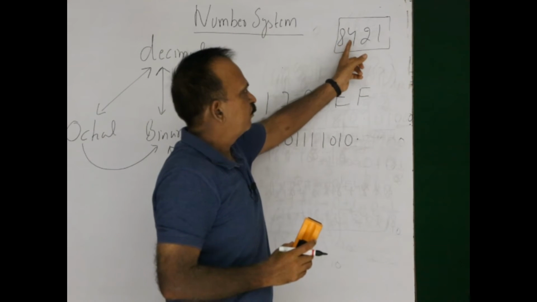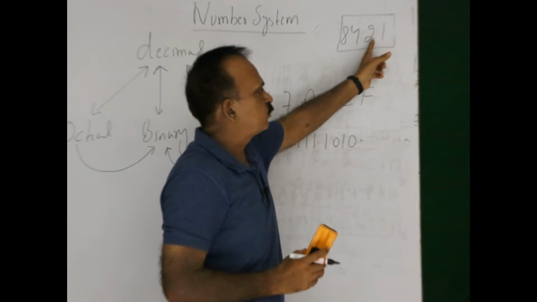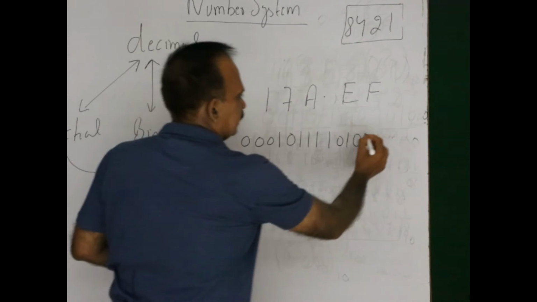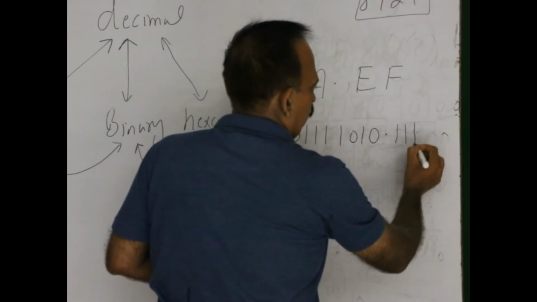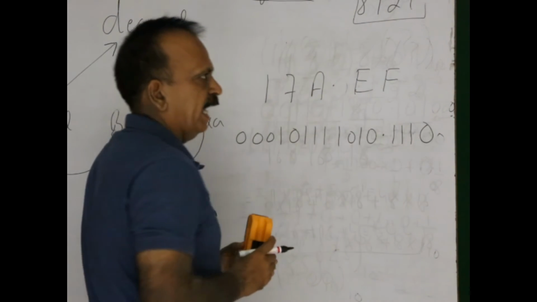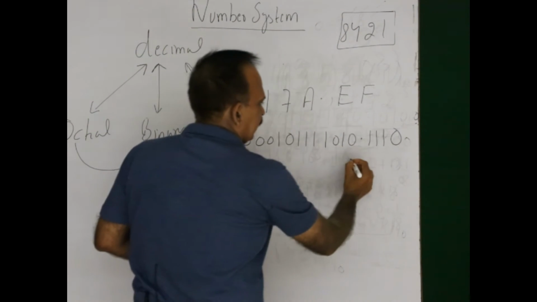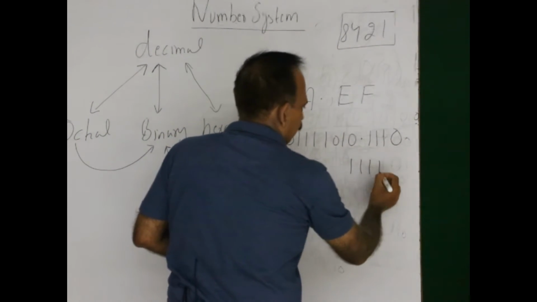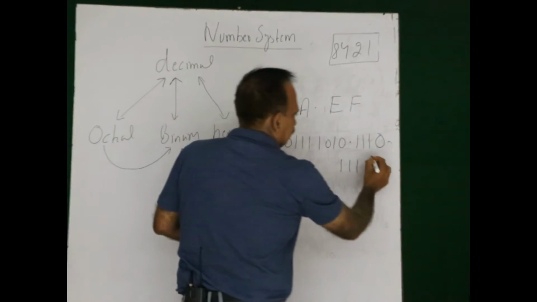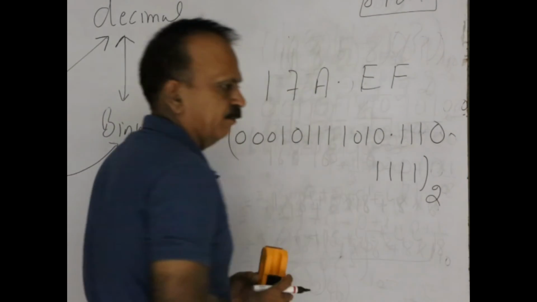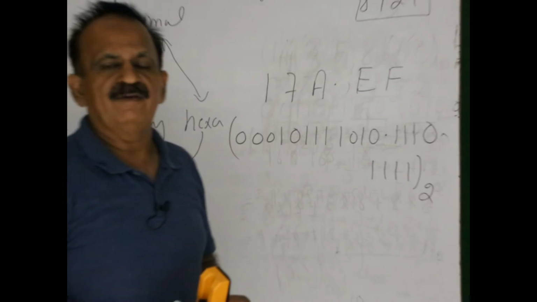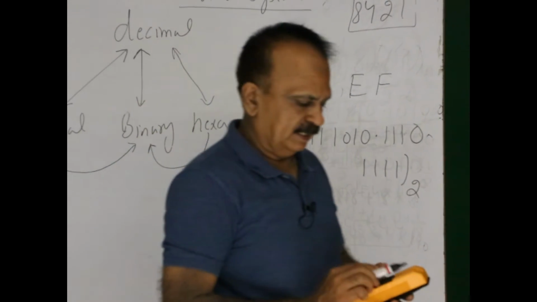So 8 plus 4 is 12, plus 2 is 14. It is 1, 1, 1, 0. F is 15. So all will be used. That is why the binary equivalent will be 1111. This number is the binary equivalent of the given hexadecimal number.